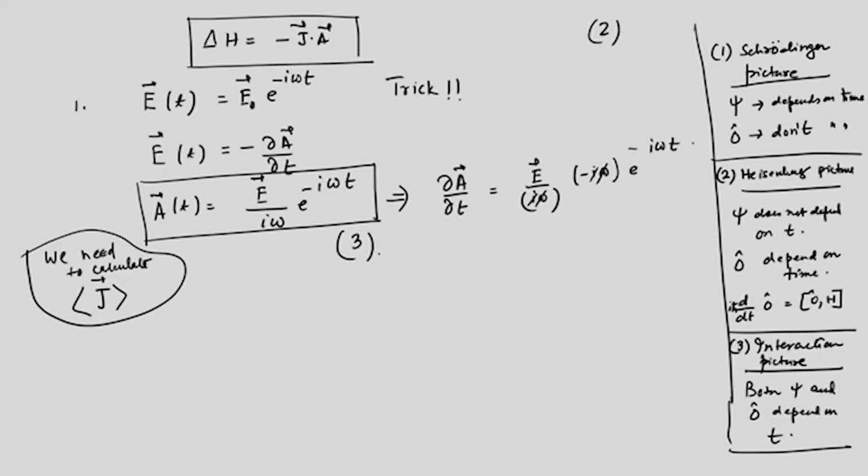In any case, since I said that in the interaction picture both psi and H are dependent on time, or H means the Hamiltonian, which is an operator that depends upon time, we will resort to the interaction picture here, because you saw that the Hamiltonian, or at least the delta H, which we are interested in, is time dependent through this A, the vector potential.